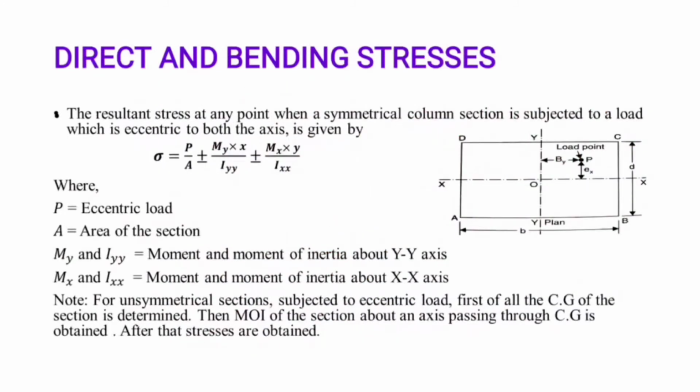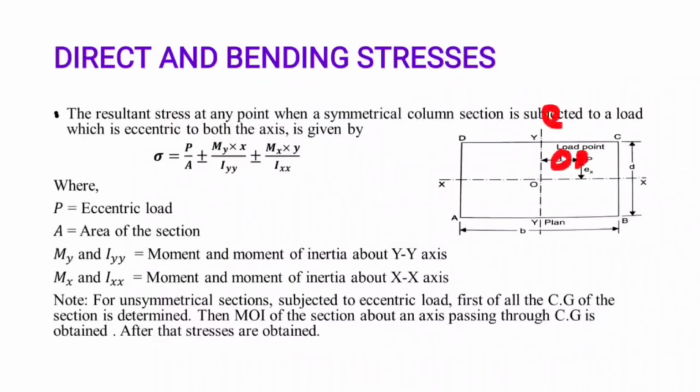The resultant stress at any point when a symmetric section is subjected to a load which is eccentric about both axes. Let's say a load is acting here which is eccentric about the x-axis as well as the y-axis.